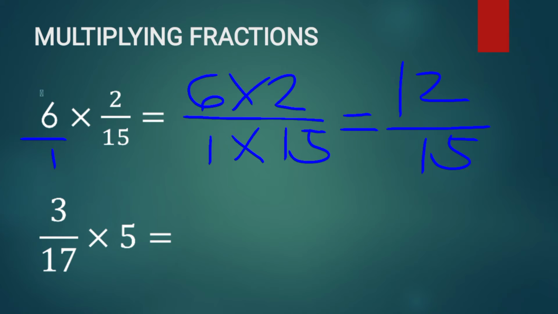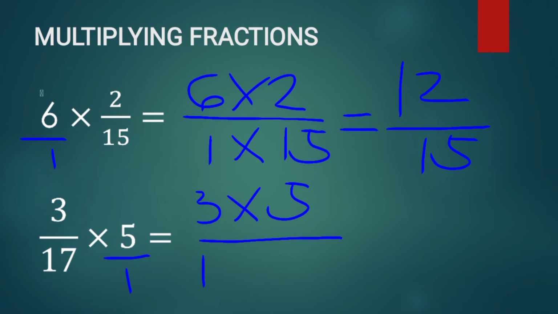Next example, 3 over 17 times 5. So again, we have the whole number 5 and it has a denominator of 1. So multiply the numerators. 3 times 5 over the denominators.